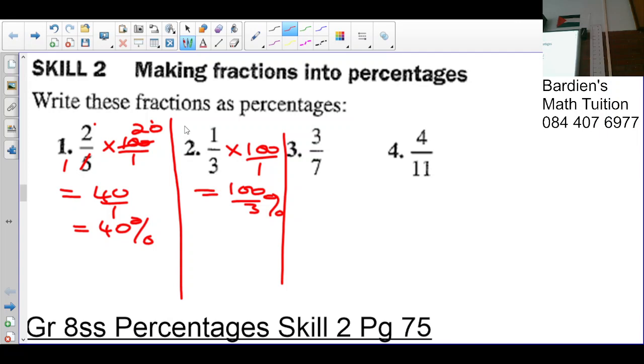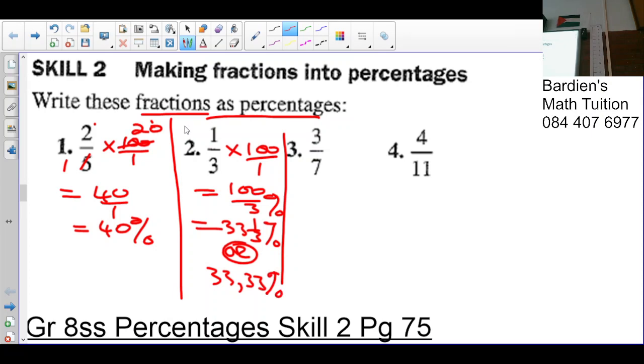Why are you changing it to decimal? Okay, so yes, you can change to decimal. You're absolutely correct. So this is going to be 3 goes into 100, 33 and a third times. So it's either 33 and a third of a percent or 33,33%.